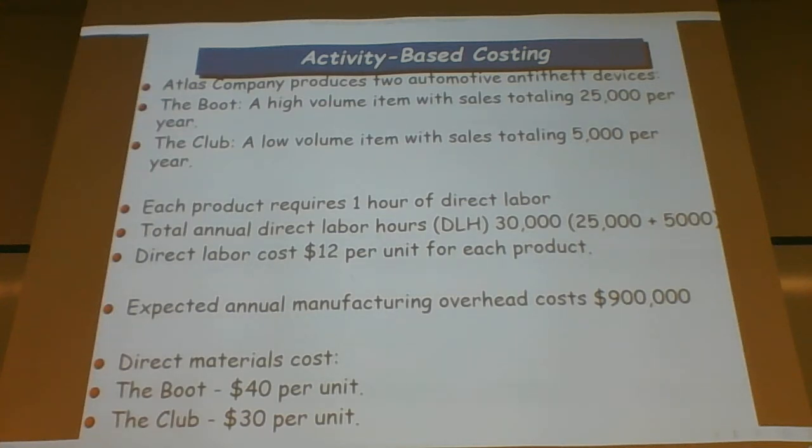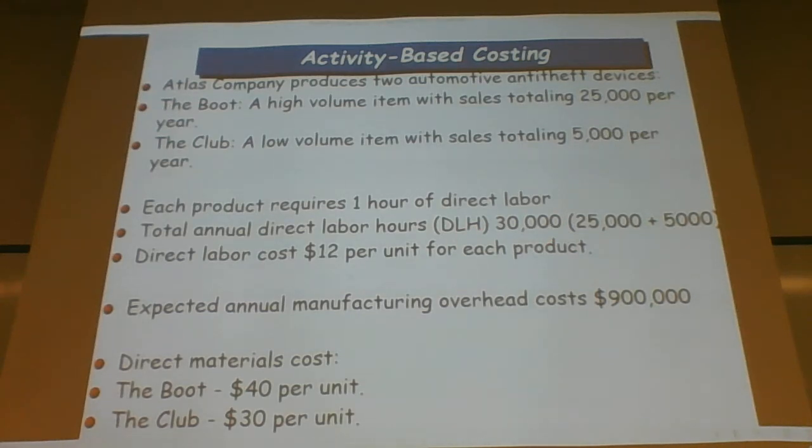Additional information says each product requires 1 hour of direct labor. So not only is direct labor easy to figure out anyway, each of these two products requires the exact same amount of direct labor. Total annual direct labor hours are 30,000. Well, that makes sense because each unit requires 1 hour, and we made 25,000 of the boot and 5,000 of the club, so we have 30,000 direct labor hours.